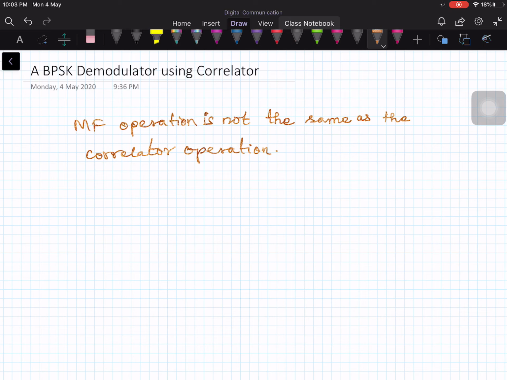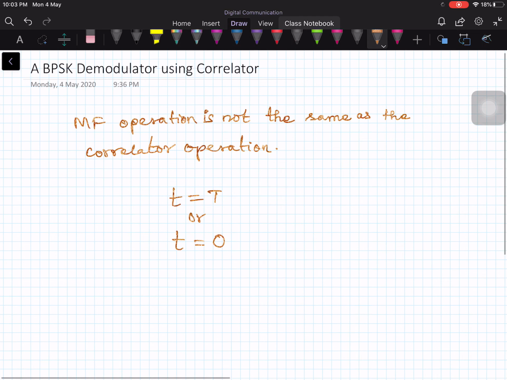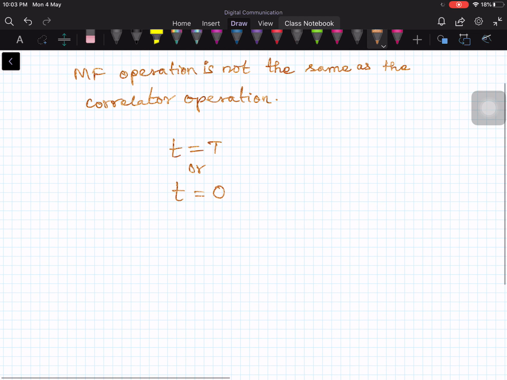Now however, if you confine your attention to the output at t equal to capital T, or t equal to 0, or whatever your output sampling instant is designed to be, then we can regard the two operations or two methods as equivalent.